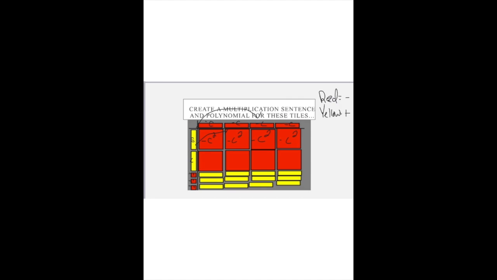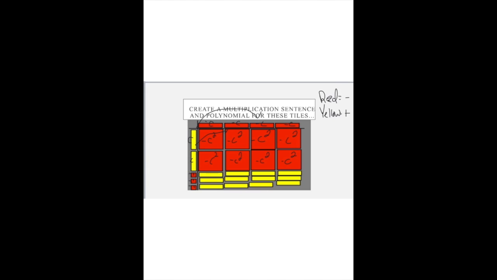I just want to fix that, it's bugging me a little bit. So let's make this into a c properly. All right, try that again. A little bit better, not much. So then we end up with negative c squared, negative c squared, negative c squared, negative c squared.